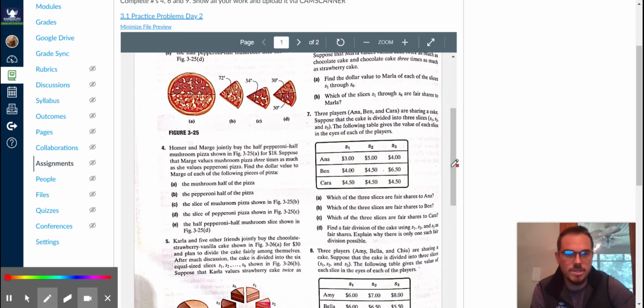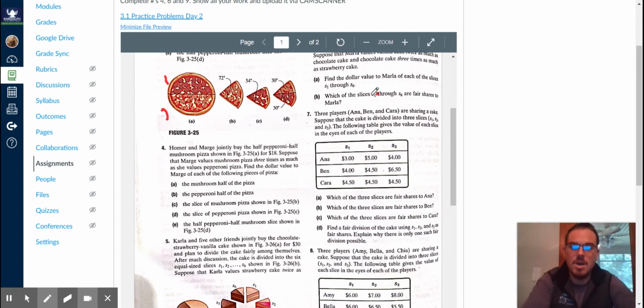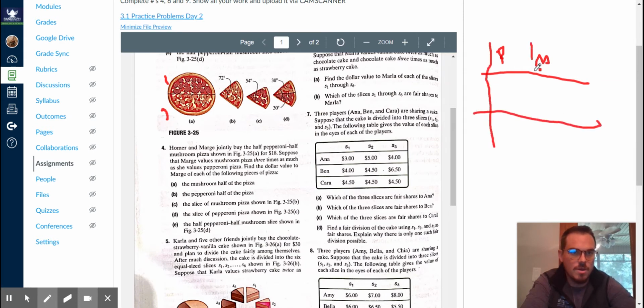Remember when you do this, we kind of created that table. First thing we wanted to do is, if Marge values mushroom as 3 times as much, we could create that table with the pepperoni being 1 and the mushroom being 3. We know we're still going to have a denominator of 4. So in my shortened table, the pepperoni is going to be 1/4 and the mushroom is going to be 3/4.